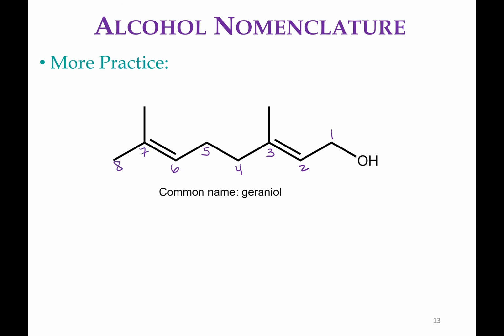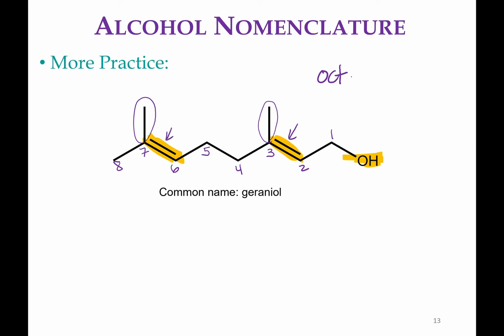8 carbons again. So what do we have here? We have a methyl group, but we also have 1 ene, 2 enes, and we have an alcohol. So we have oct for 8, but do you remember what we did when we have more than one double bond?